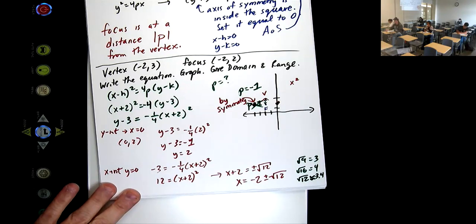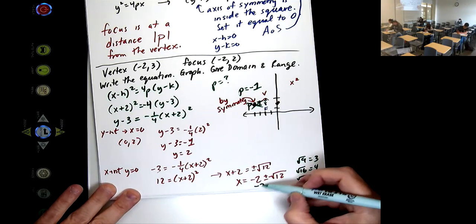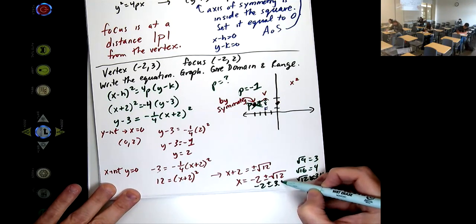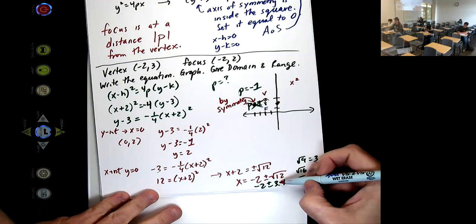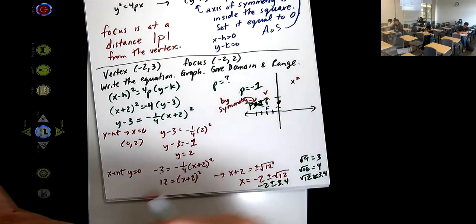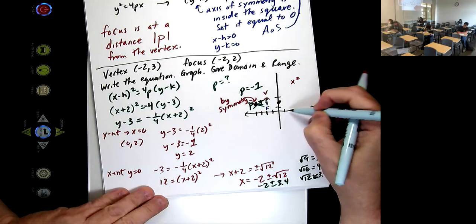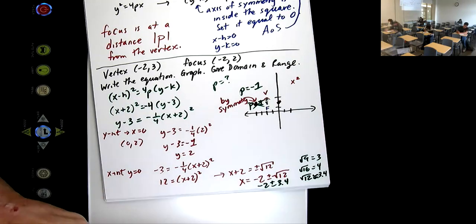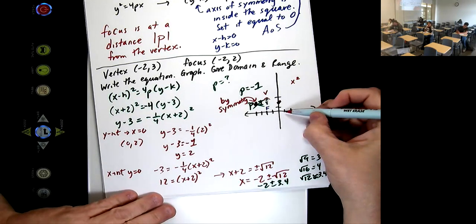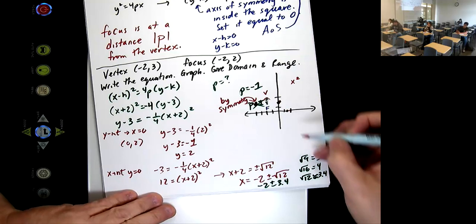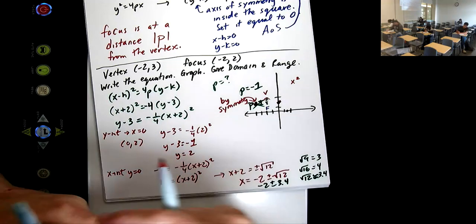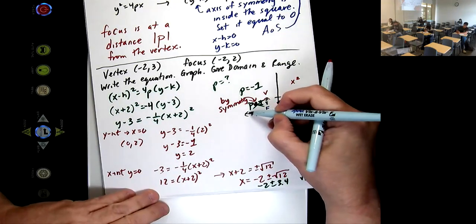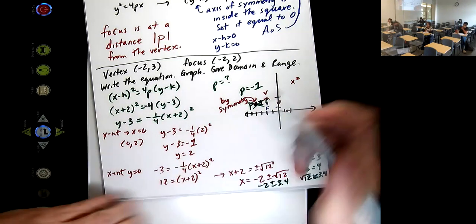I don't want to get a calculator out, but I can do -2 plus or minus 3.4 and get decent dots on the graph. -2 plus 3.4 would be 1.4, and -2 minus 3.4 is -5.4. So I go 2 left over here and put this right there.